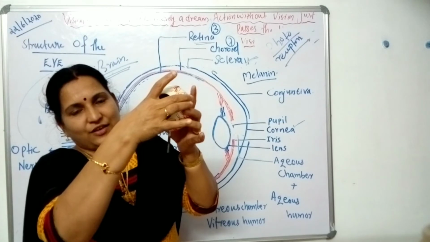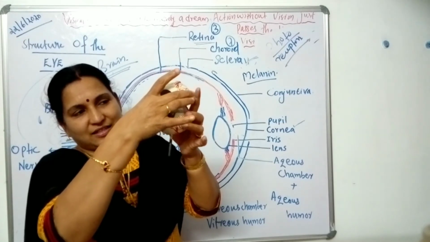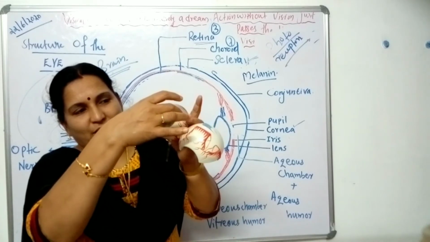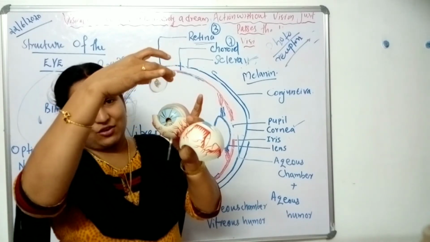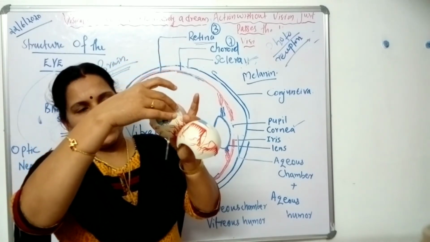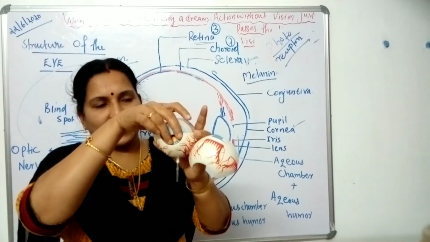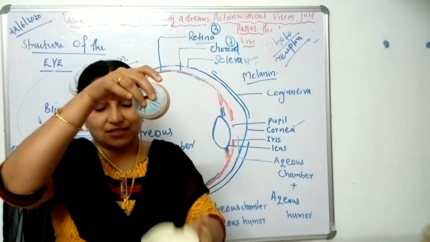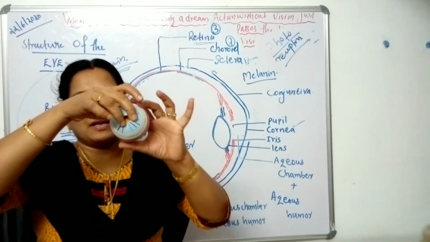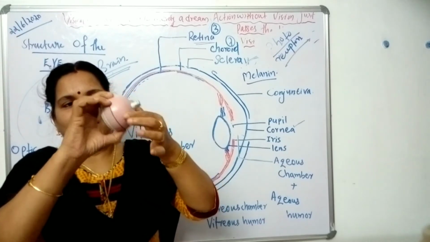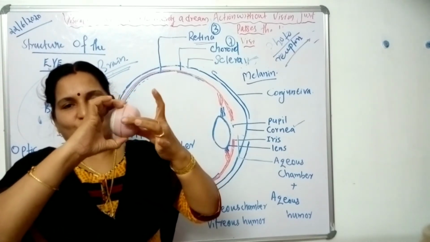I just lift up the upper part of the sclera, then you will be able to see this cornea. When we remove this cornea as well as the sclera completely, you can see the middle layer. That middle layer is known as the choroid.